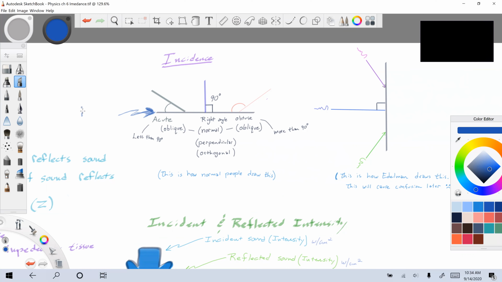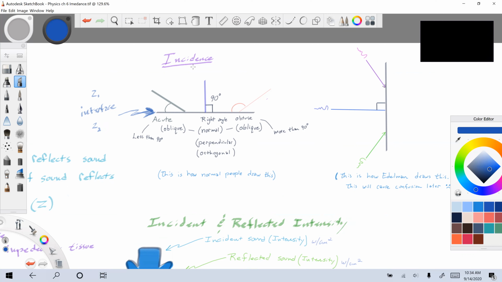We're just going to call this line an interface. And we can even put Z1 and Z2 down here. But we're really not talking about impedance at the moment, we're talking about incidence, so let's just talk about that.